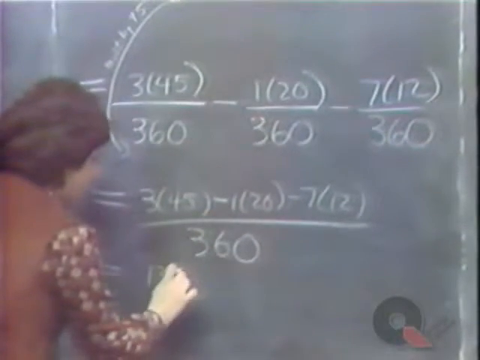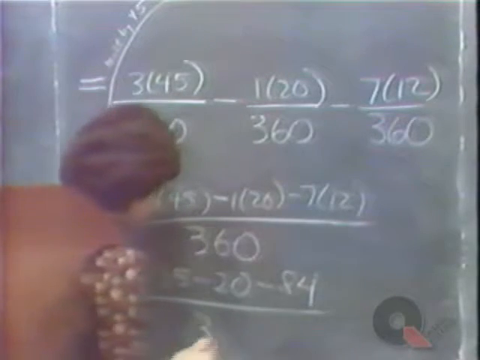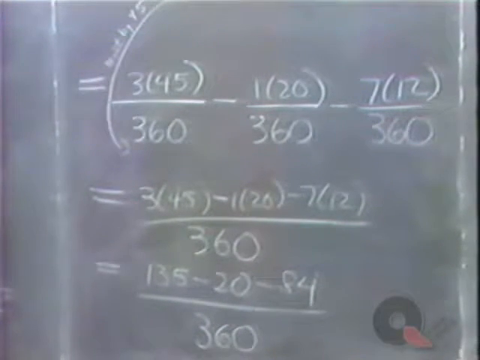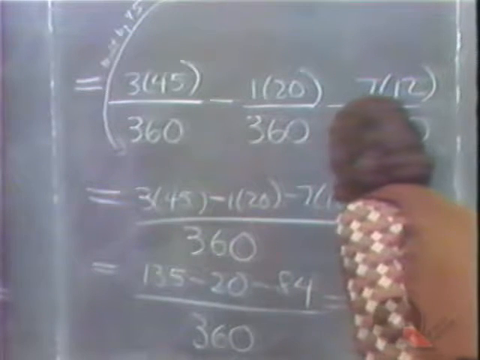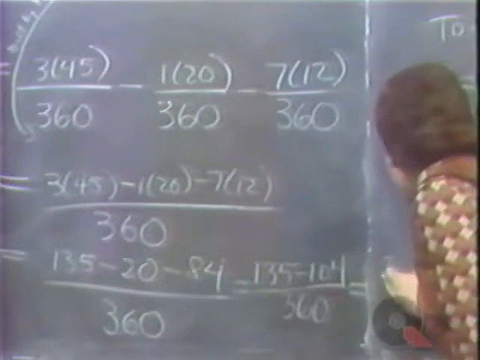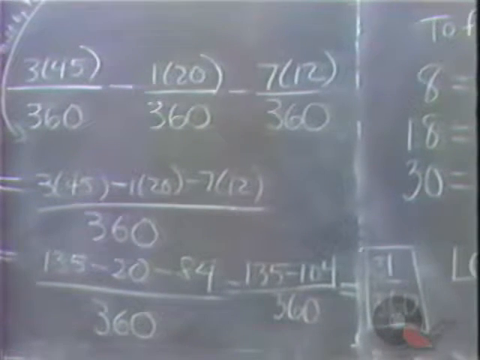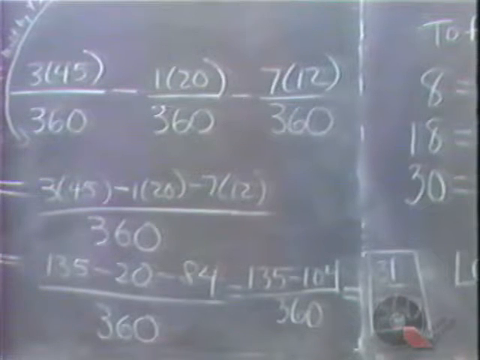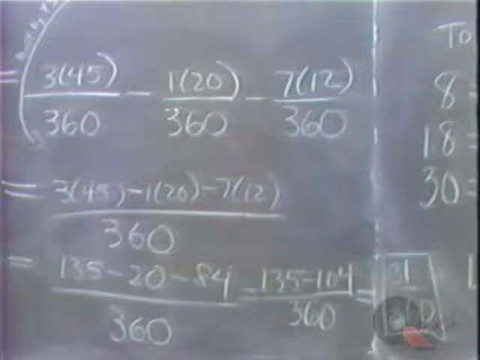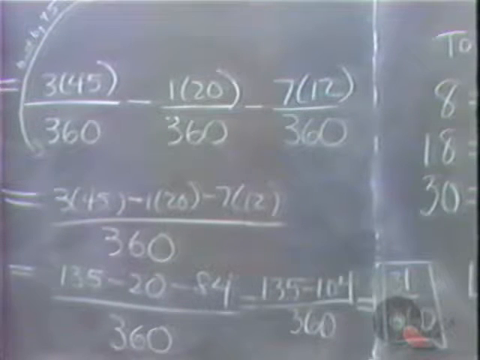That gives me 135 minus 20 minus 84 all over 360. 135 minus 104 over 360 for a final answer of 31 over 360, which is in lowest terms. Okay, let's try some more examples.